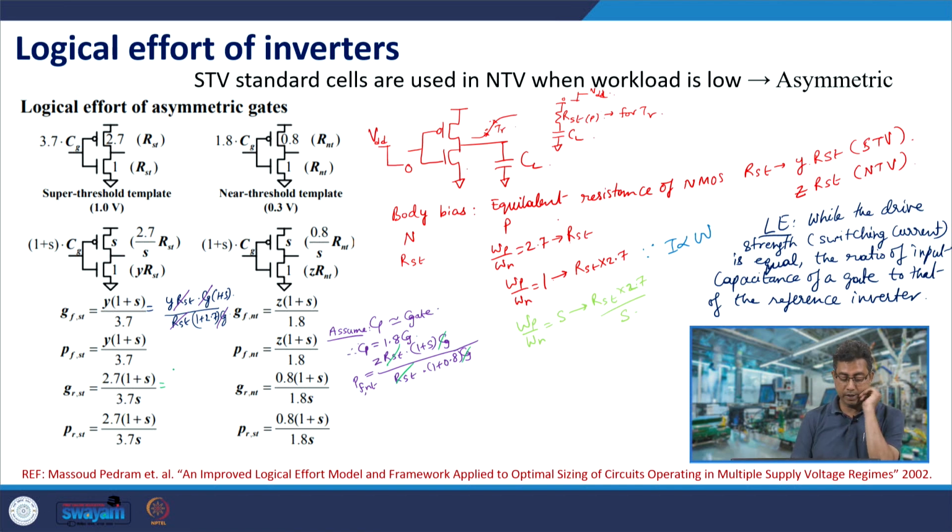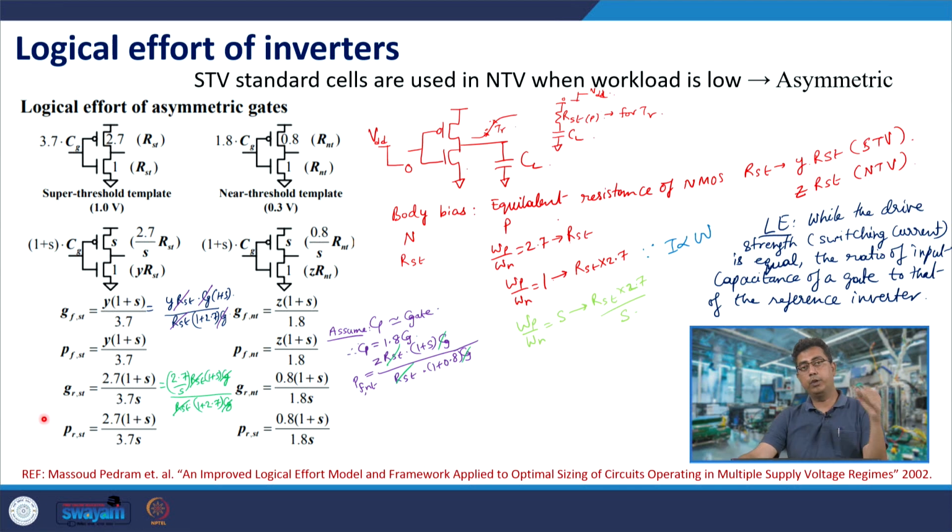In that case it would come out to be 2.7 by S RST into 1 plus S Cg, divided by RST into 1 plus 2.7 Cg. Cancel out the terms. So, 2.7 into 1 plus S divided by 3.7 S, that is what this turns out to be. Similarly, they calculate all these values.